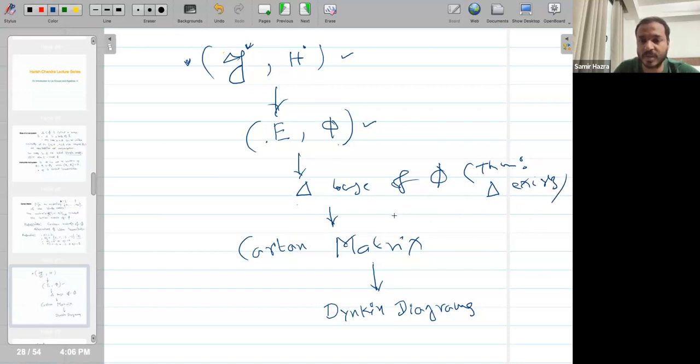From the base, after fixing an ordering, we get a matrix called the Cartan matrix. And from the Cartan matrix, we want to see the linking diagrams.